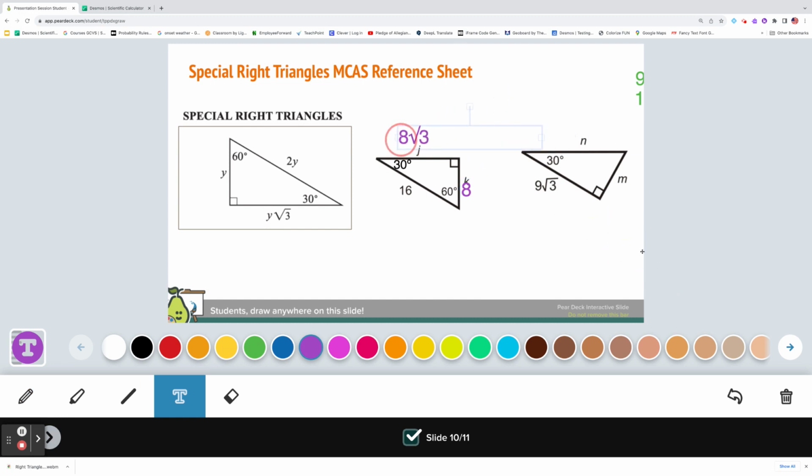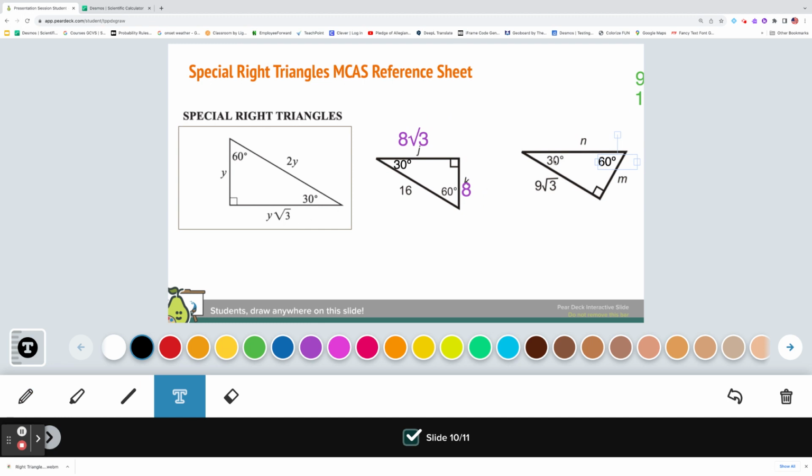Remember, it's the root 3 relationship in the 30, 60, 90. In this example, we know what the side opposite the 60-degree angle is. And when you look at the 60-degree angle in the reference sheet, and we know the side opposite the 60, then the side opposite the 30 is just going to be whatever is in front of the square root of 3.